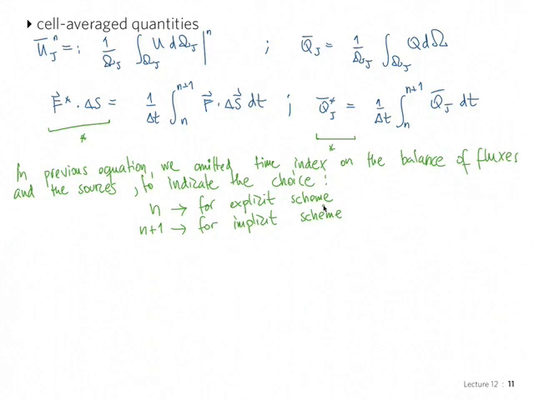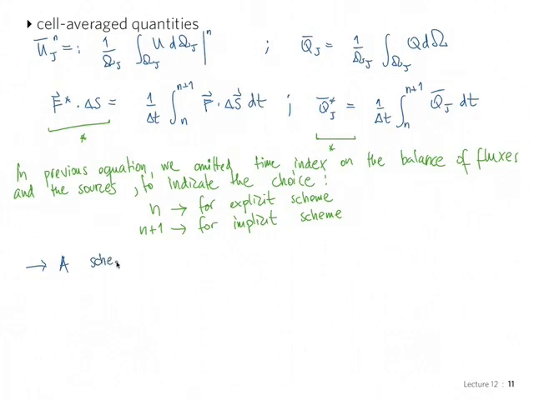And there are going to be a variety of different schemes that we can use for the finite volume method, and the particular scheme that we may choose is going to be identified by the way that we approximate the fluxes in the equation.